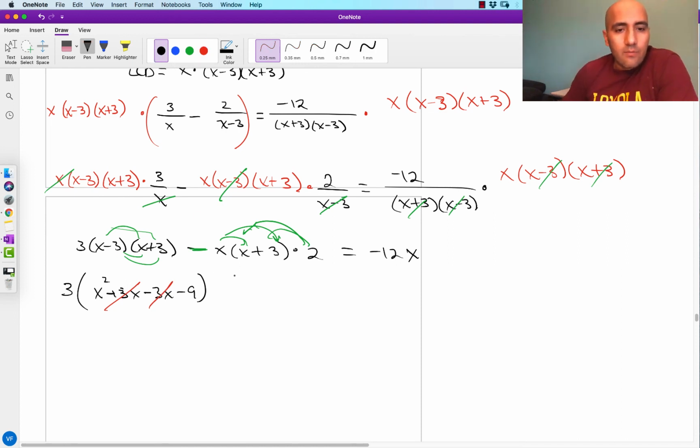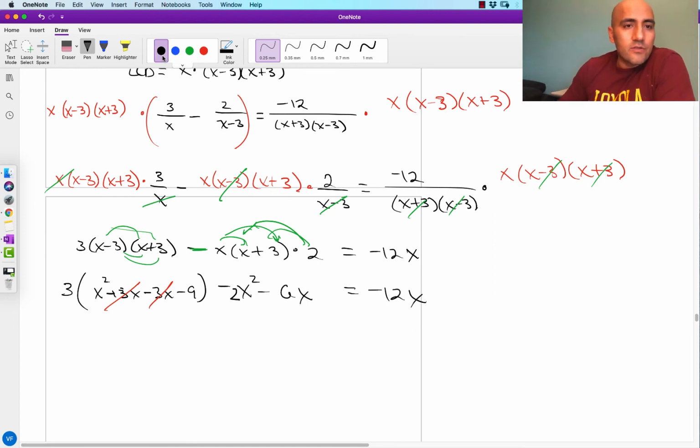And then we keep going. This will become a minus 2x squared, and then minus 6x equals negative 12x.